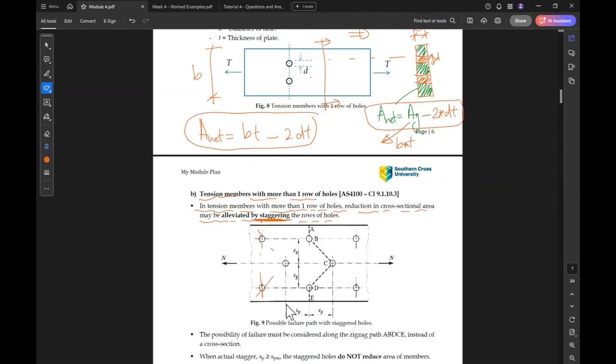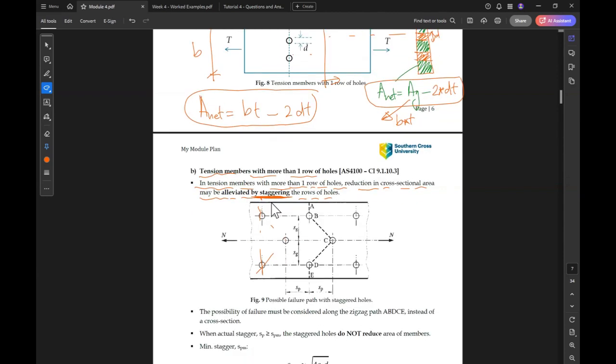This makes it more efficient, because if you make more holes like that, the section will be weak. That's why sometimes they use staggered holes instead of same-line holes.